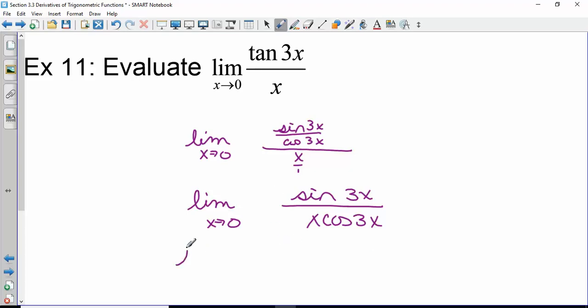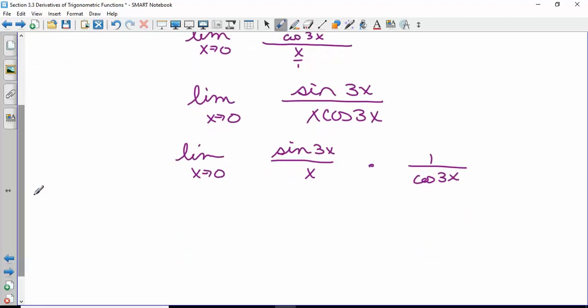Now, what I'm going to do is separate this limit a little bit. I want to get rid of this sine 3x, I need it to be over 3x. So I want to keep the x there, but I don't really want that cosine. So I'm just going to pull that out to the side. So I haven't changed my problem, I just kind of separated that cosine off from the bottom because I don't want that.